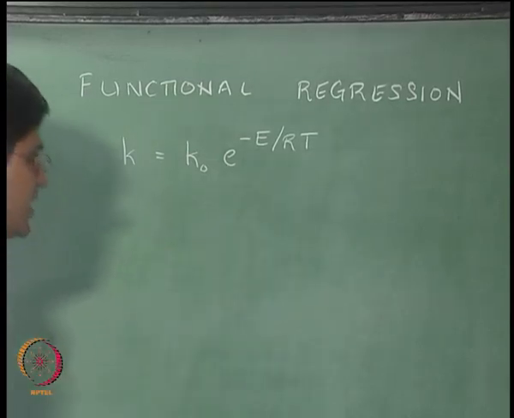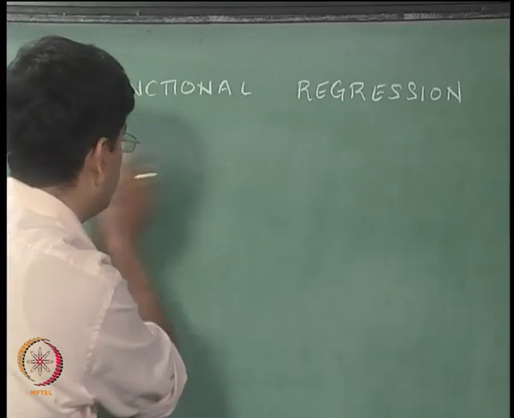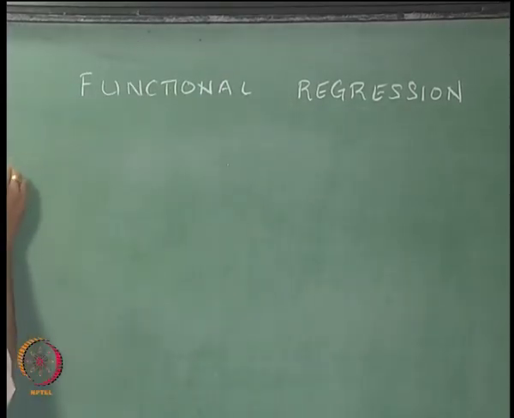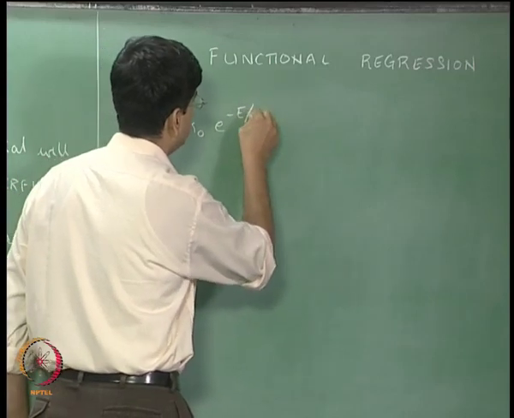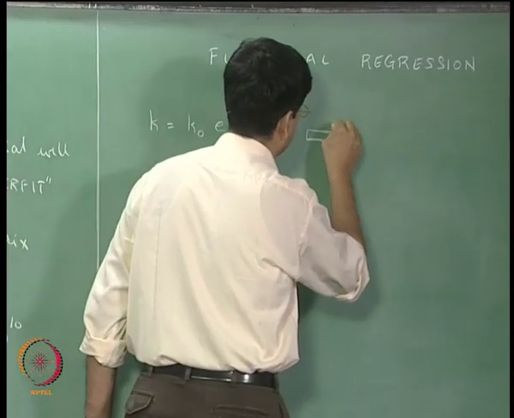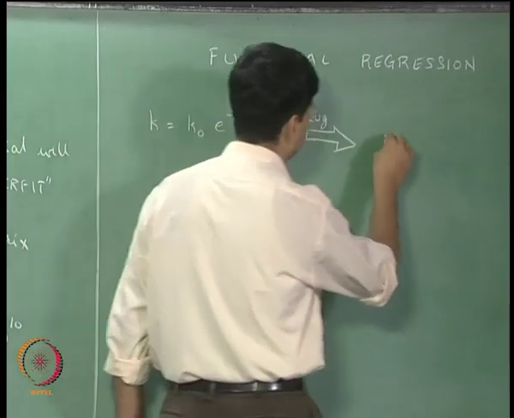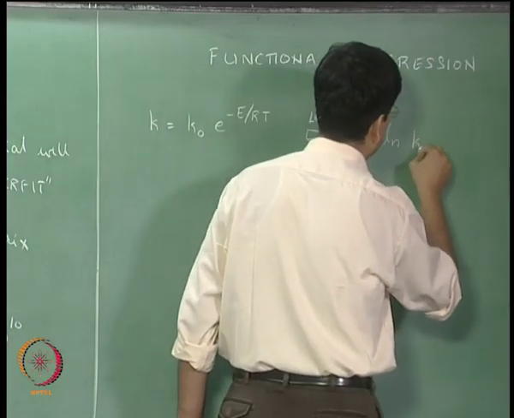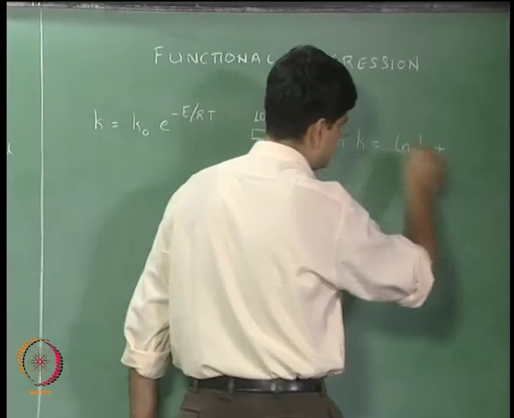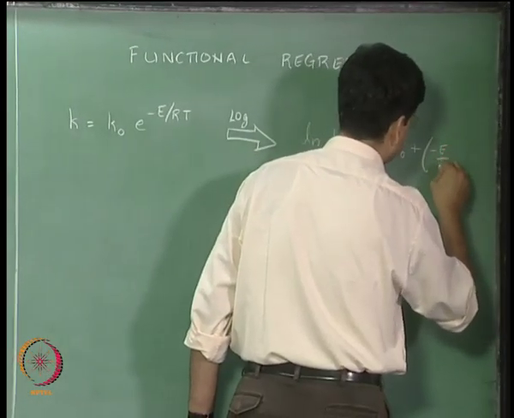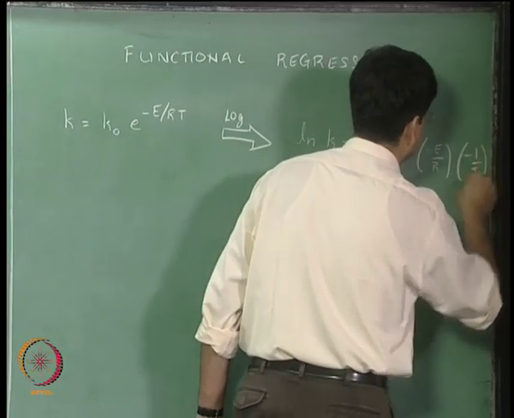I'll just write it again, k equal to k0 e to the power minus E by RT. When we took the logarithm, we get ln of k is ln k0 plus minus E by R multiplied by 1 by T, okay.